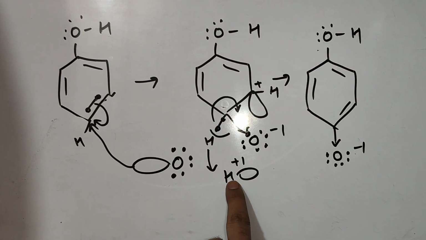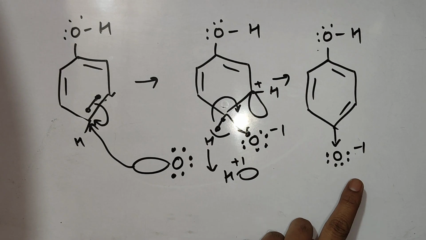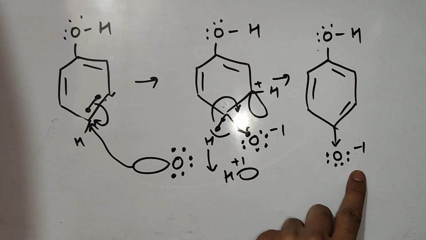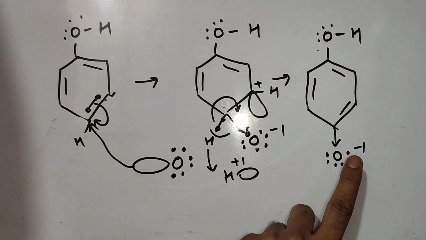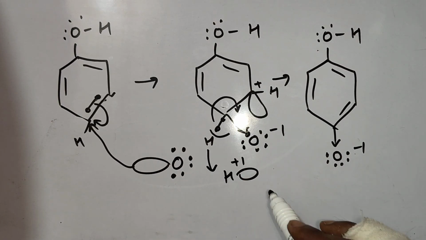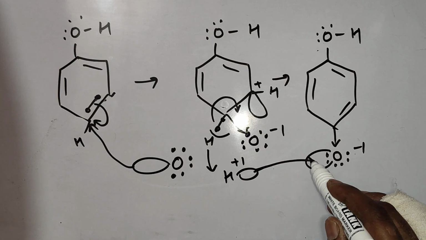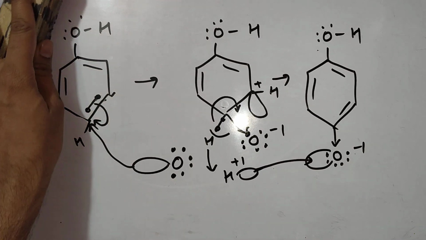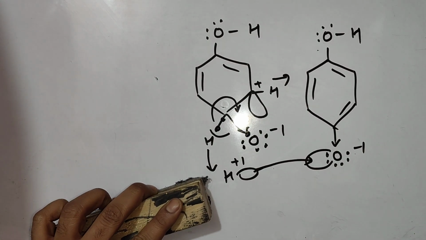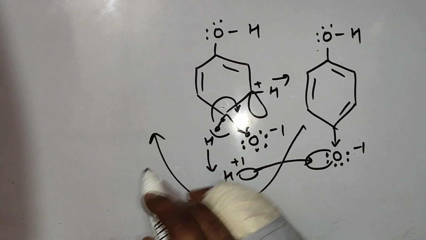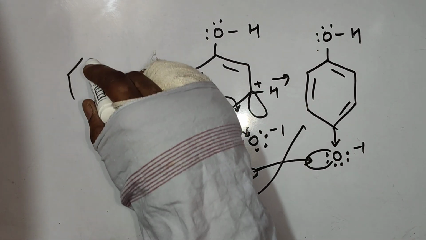This is H positive, with a vacant orbital. This is oxygen with 3 pairs of electrons and a -1 charge. So can they neutralize each other? Yes. Vacant orbital, lone pair. A bond will be generated and the molecule which we are getting will be this.